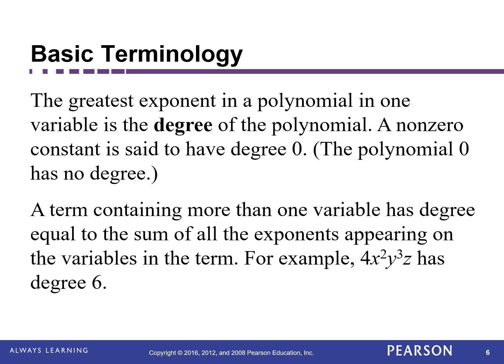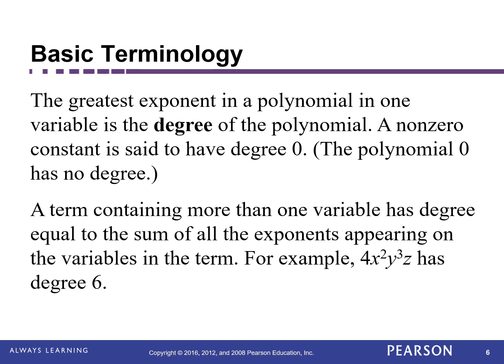The greatest exponent in a polynomial in one variable is the degree of the polynomial. A non-zero constant is said to have a degree 0. The polynomial 0 has no degree. A term containing more than one variable has degree equal to the sum of all the exponents appearing on the variables in the term.